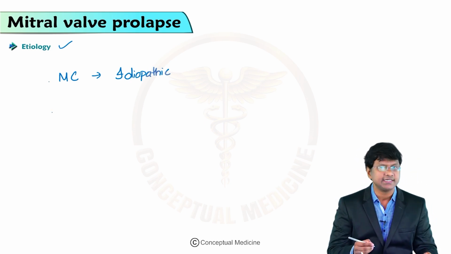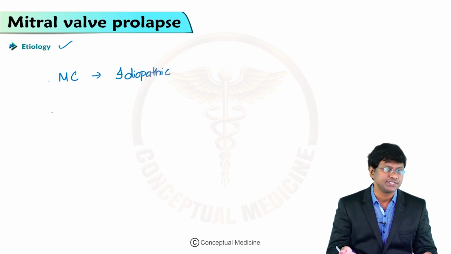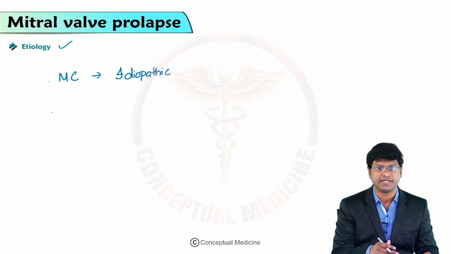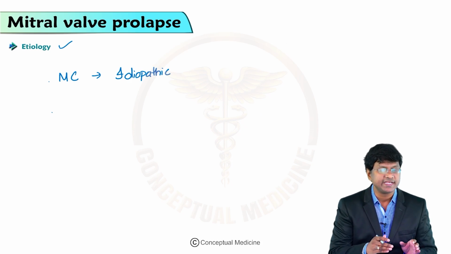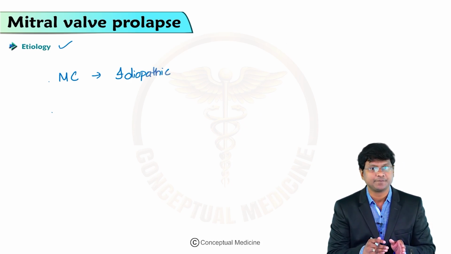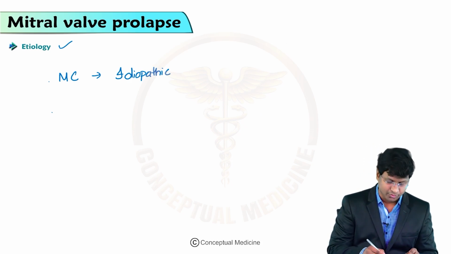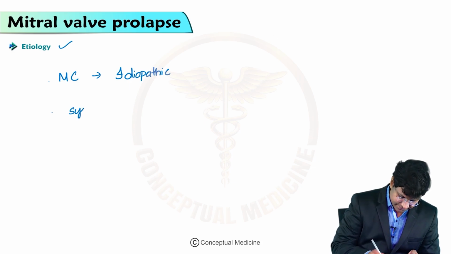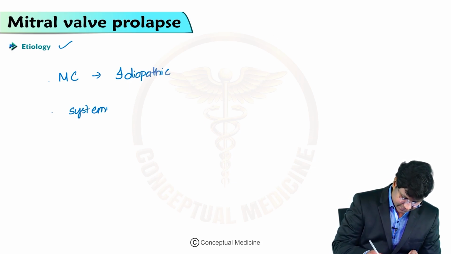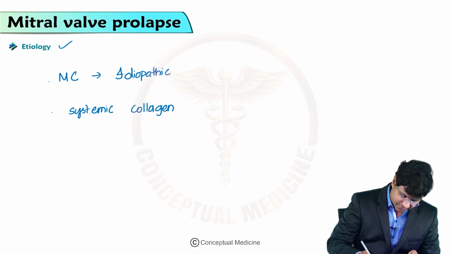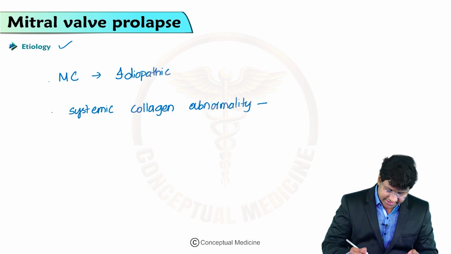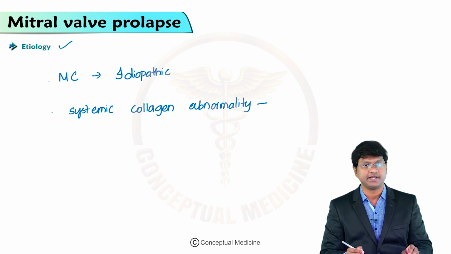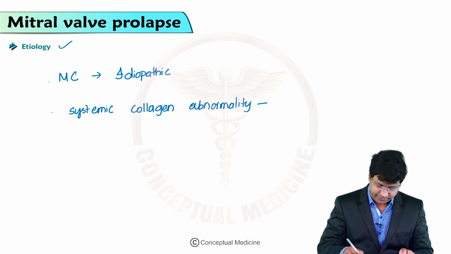And the other associated conditions or etiologies which can cause mitral valve prolapse is that it can be seen in individuals with systemic collagen abnormalities. And what are those systemic collagen abnormalities associated with the development of mitral valve prolapse?